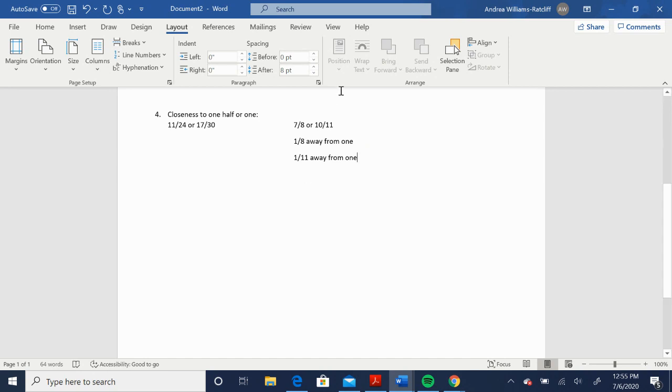Now if we want to order these in size, which one of these is farther away from 1? We know that this 11th should be a smaller piece than the 8th. Since that's true, this is a short distance from 1 and this is a bigger distance from 1. If that's the case, this 10/11 should be the larger fraction based on that reasoning.